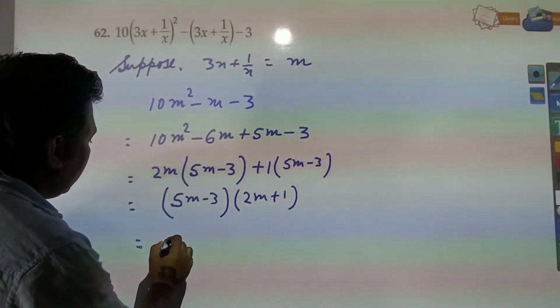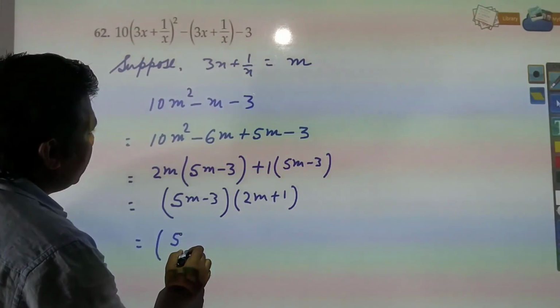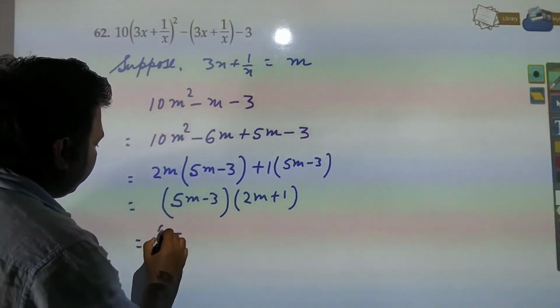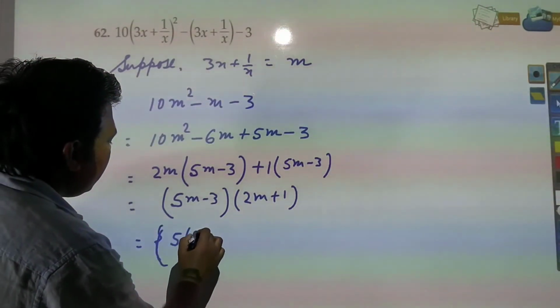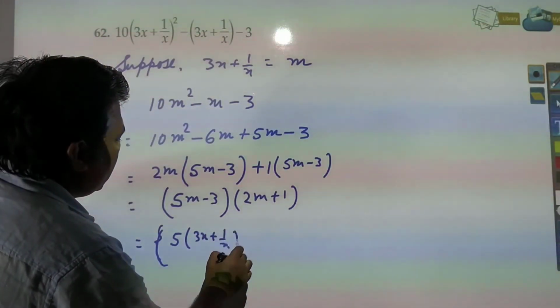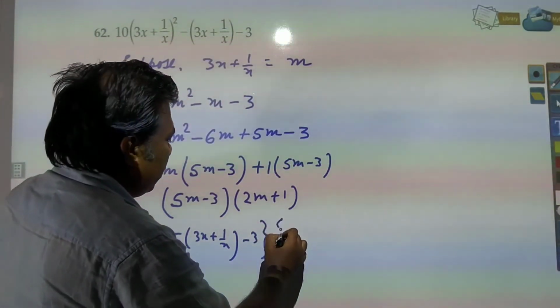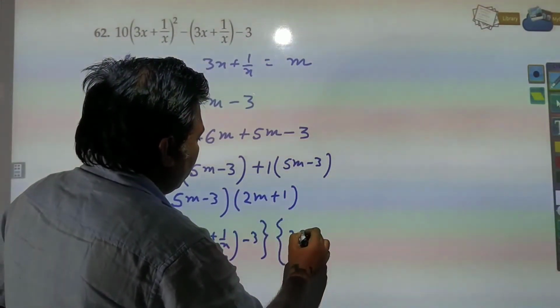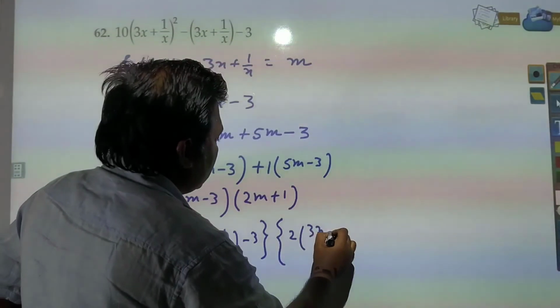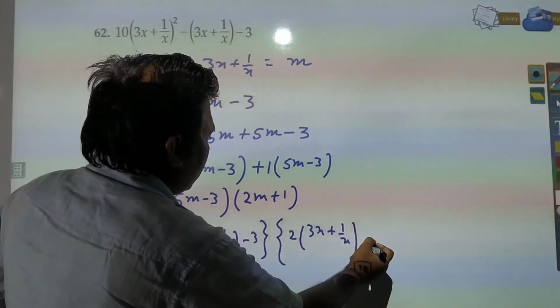So it can be written as 5(3x + 1/x) − 3, and then 2(3x + 1/x) + 1.